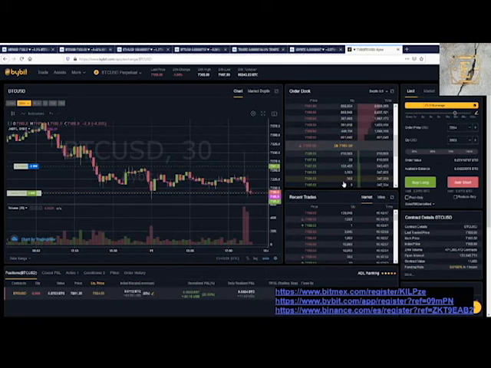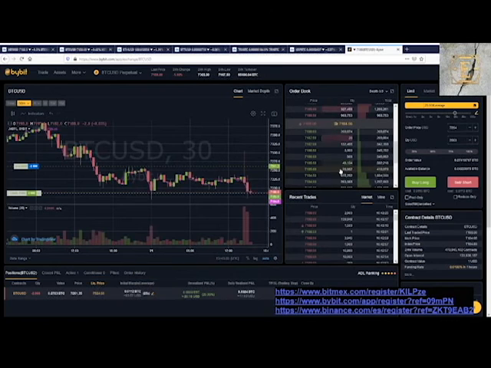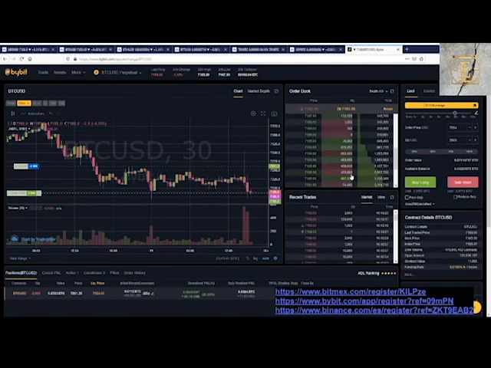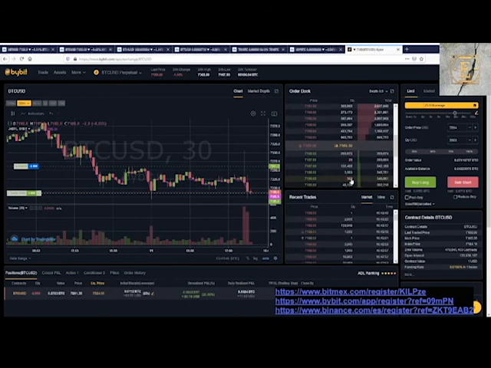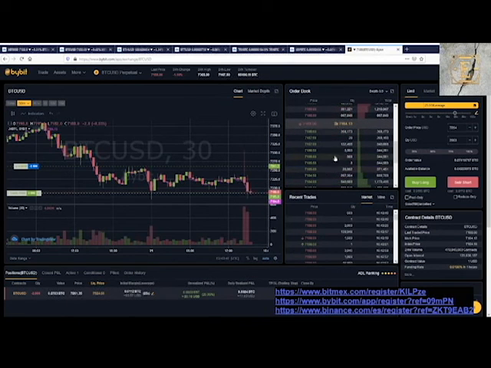Oh, look, this is less liquidity. My close was on 1.5 and there's 26,000 a little below here.